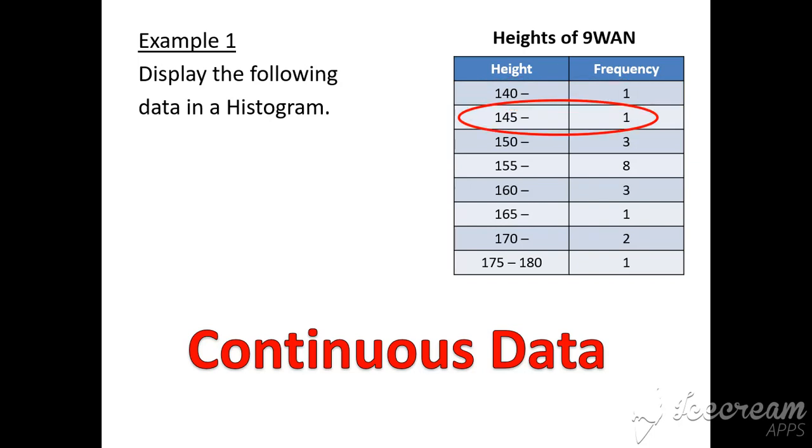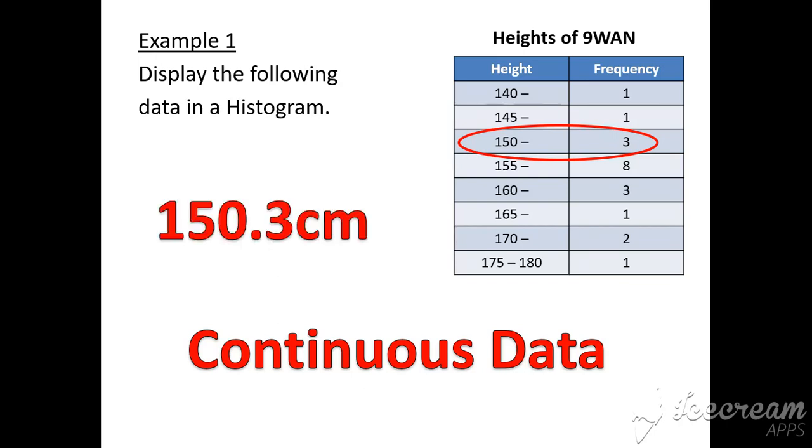The next group are people who are 145 centimeters up to, but less than 150. There's one person in that group. This group are people who are 150 centimeters and above, all the way up to, but less than 155 centimeters. There are three people who are put into this group.